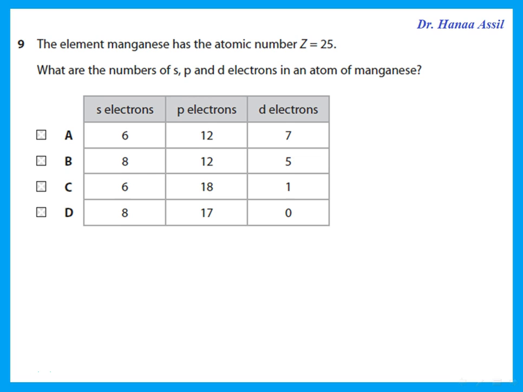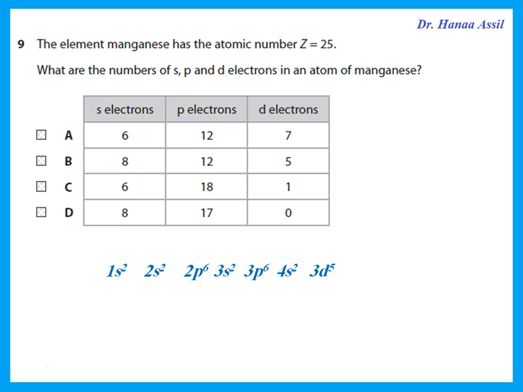The element manganese has the atomic number 25. What are the numbers of s, p, and d electrons in an atom of manganese? Well, if he says atomic number is 25, that means I have 25 electrons. Now, how are they distributed? They are 1s2, 2s2, 2p6, 3s2, 3p6, 4s2, 3d5.